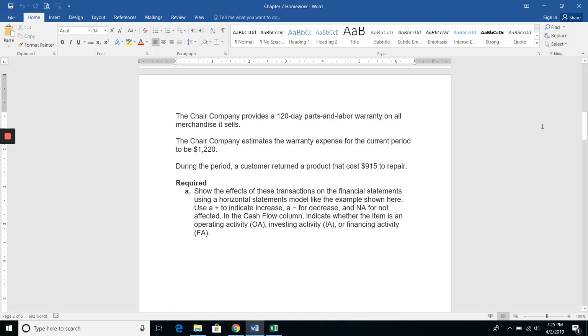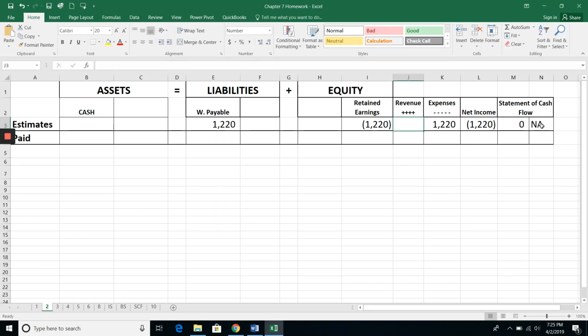Now, what about during the period a customer returned a product that cost $915 to repair? So that was the repair that we had to make to that product that was covered by the warranty.